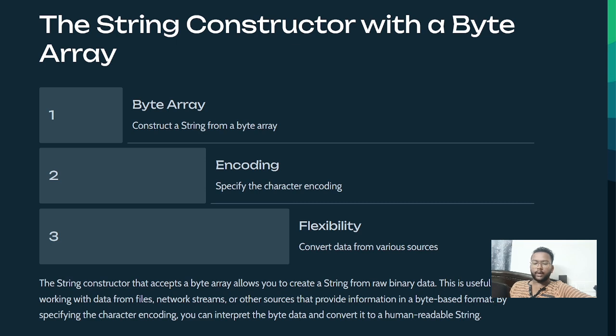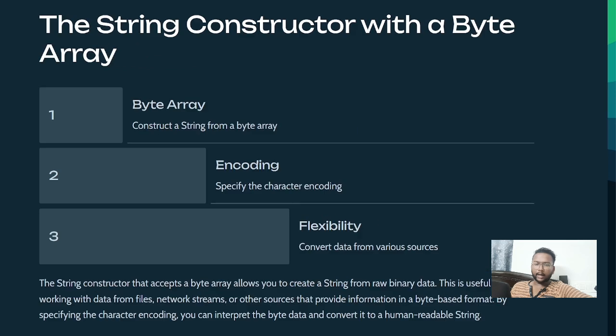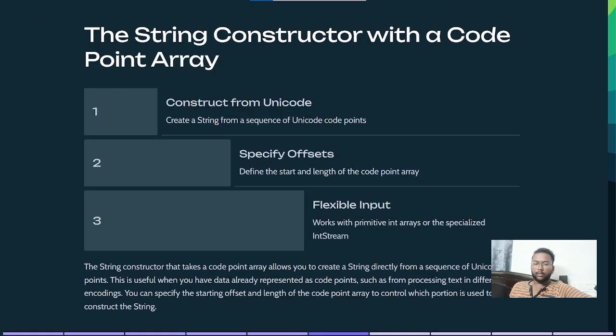This is useful when working with data from files, network streams, or other sources that provide information in byte-based format. By specifying the character encoding, you can interpret the byte data and convert it to a human readable string.